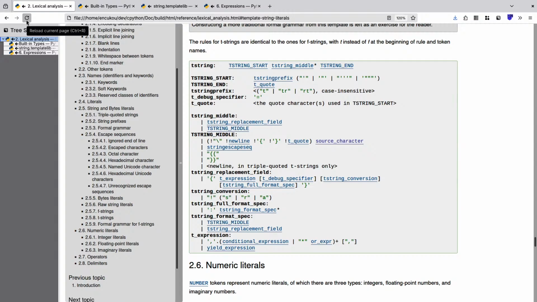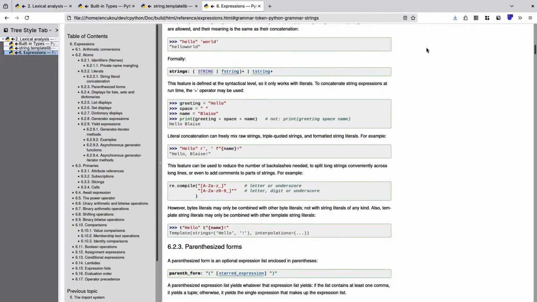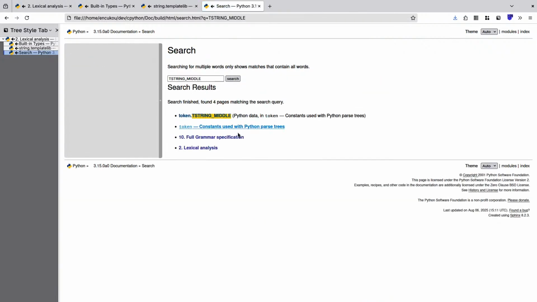Now, what here is something you'd want to search for? Because most of this doesn't read well, and some of the names here are just made up for the purposes of this grammar. I know t-string middle is an actual token, but if you search for t-string middle, you get the token.